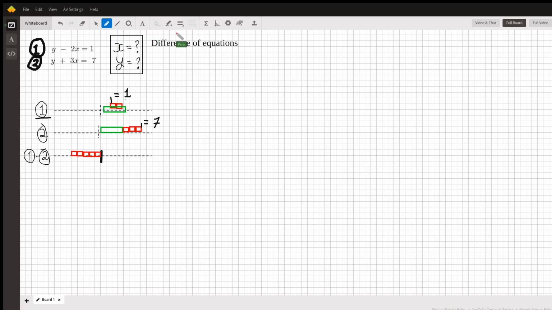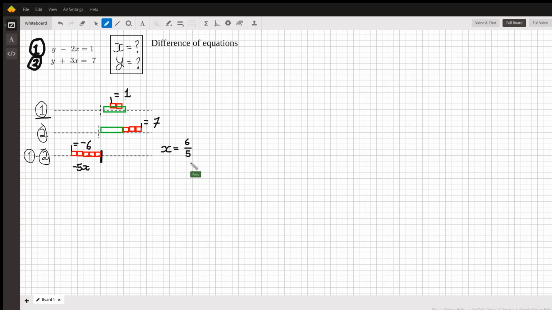Our equations tell us this point we end up with here is equal to 1 minus 7, which is negative 6. And we have negative 5 x's is equal to negative 6. We can rearrange to find that x is equal to 6 over 5.